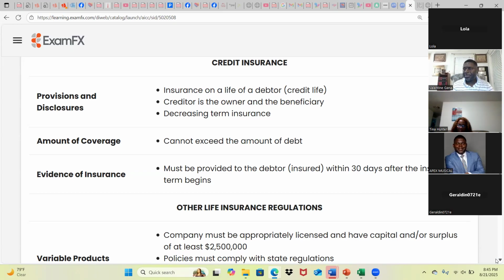Spouses have insurable interest in each other. Business partners in a company also have insurable interest in each other. Employers have insurable interest in their employees. So remember that term, insurable interest. It exists between a creditor and the debtor in credit insurance. So creditor is the owner and the beneficiary, and it is usually a decreasing term. Okay?